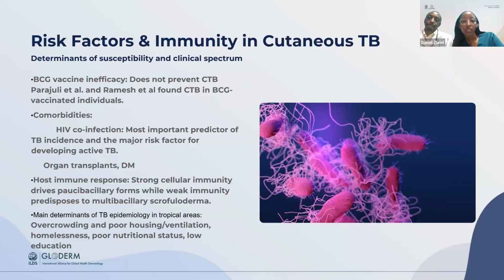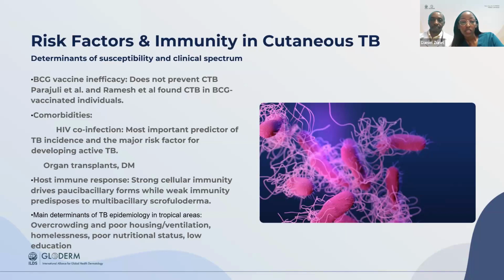Some other comorbidities that place patients at risk of developing cutaneous tuberculosis are diabetes and organ transplants. And all these comorbidities typically put a patient at risk of being immunosuppressed. One of the most important factors in terms of how tuberculosis will manifest is how strong that particular patient's immune system is.